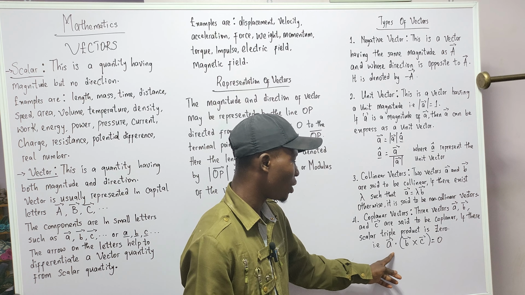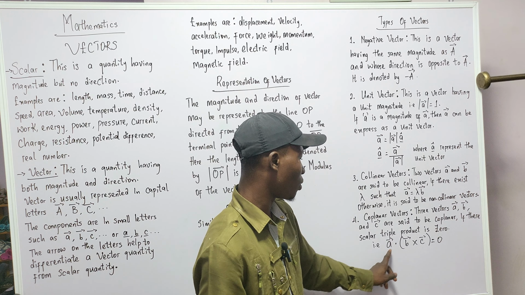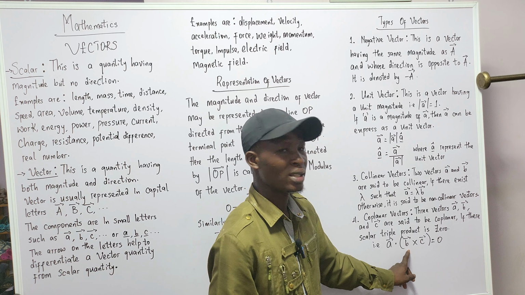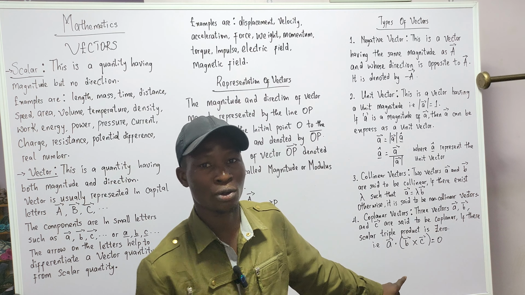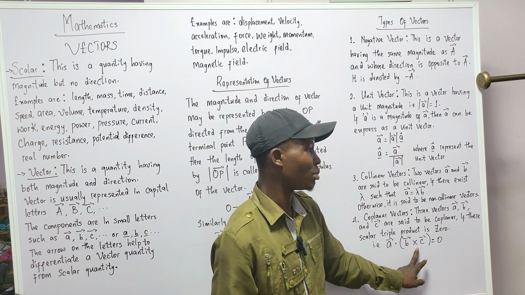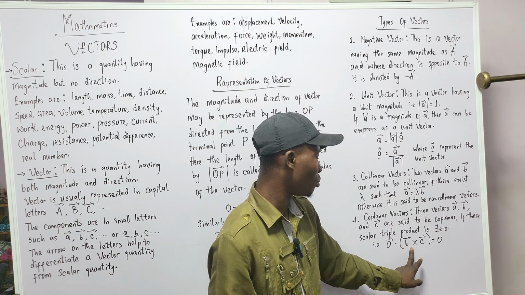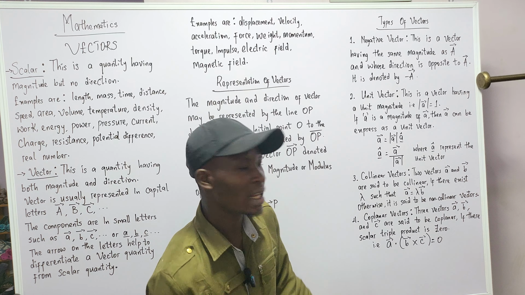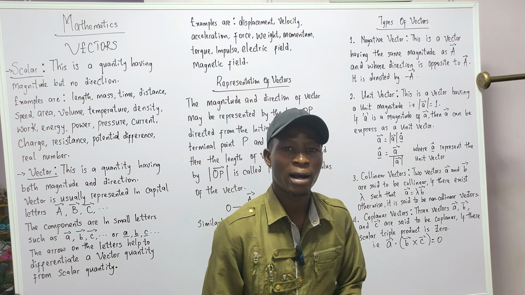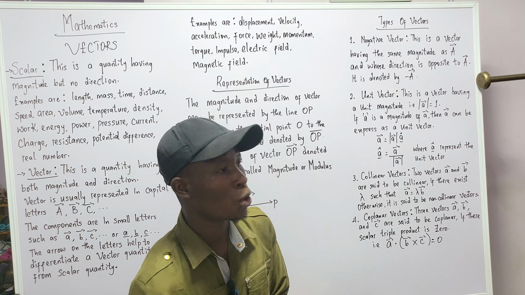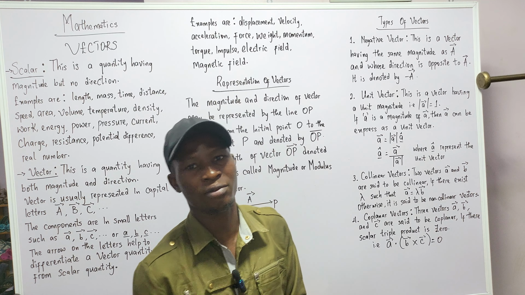That is, vector A dot, in bracket, vector B cross vector C. In vectors, you call it dot and cross, not multiplication. If the scalar triple product is equal to 0, it is known as coplanar vectors.